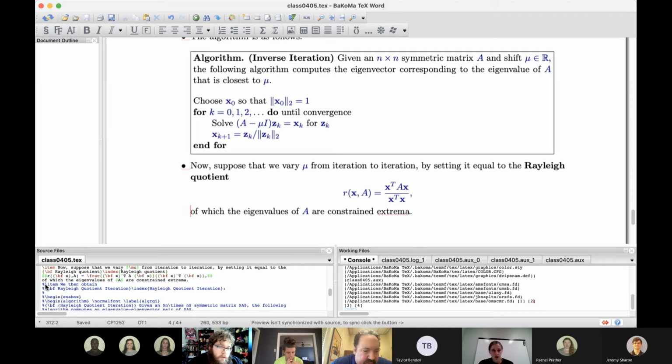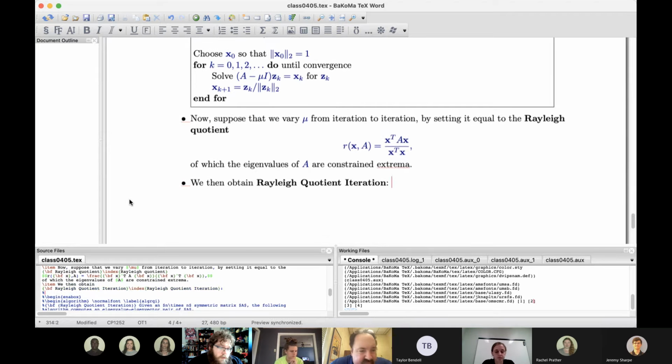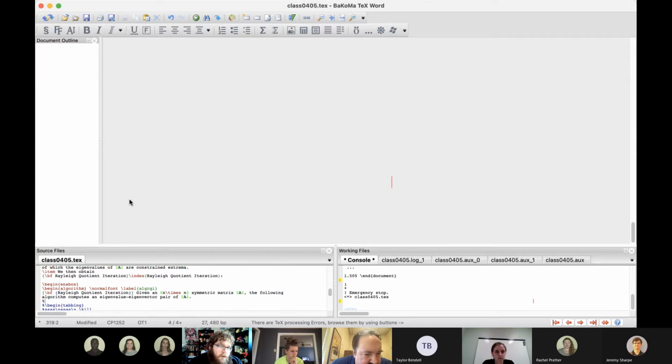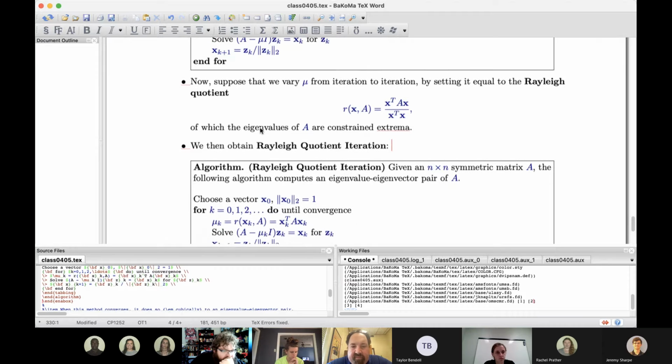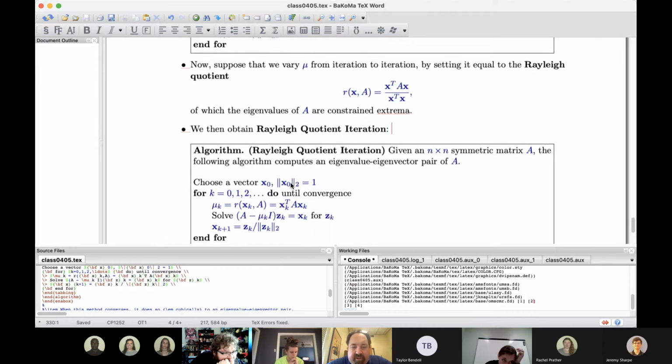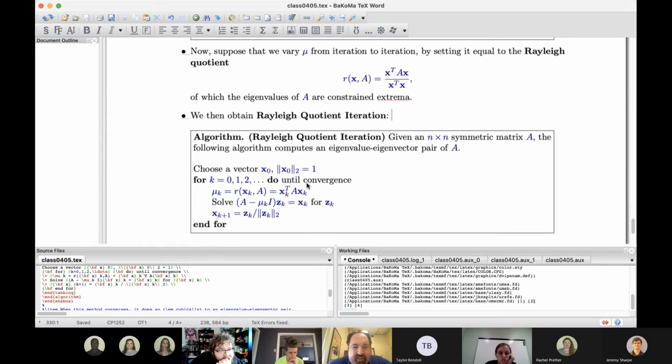Then we get this algorithm called Rayleigh quotient iteration. Again, we choose some initial unit vector. Then each iteration, we don't have a shift given to us. We compute it by taking a Rayleigh quotient.